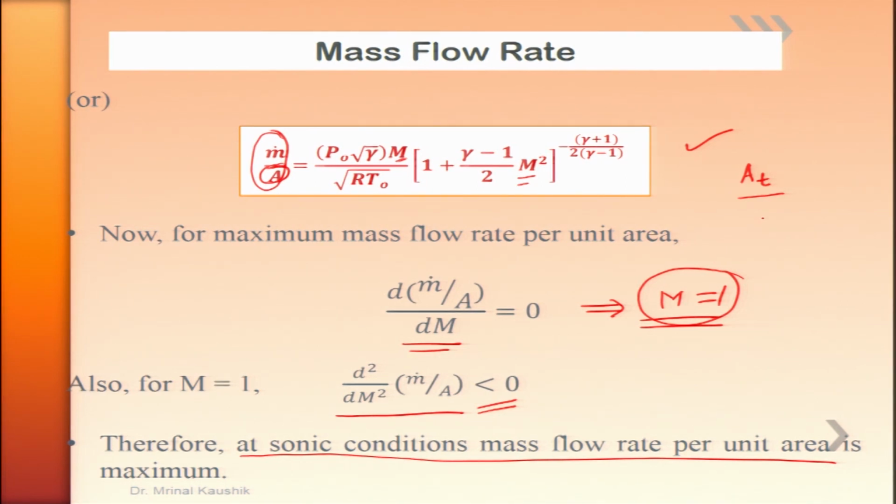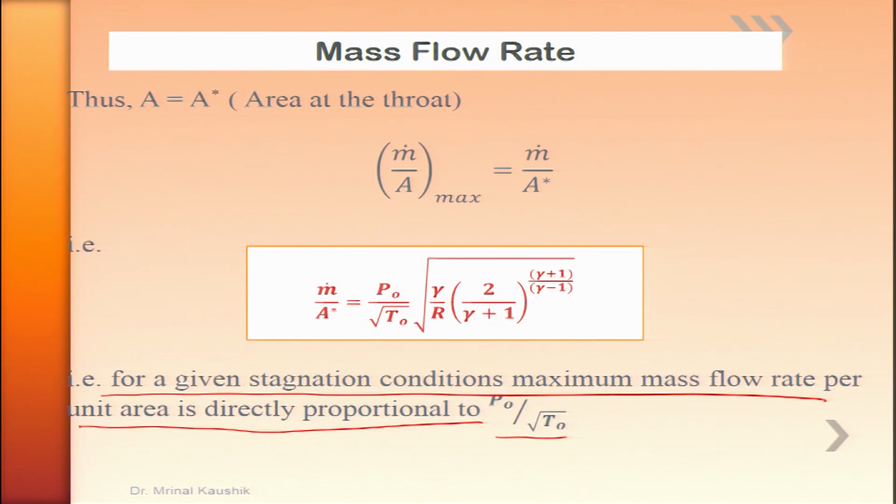But when the Mach number has become 1, then this is represented again as a critical state, and hence it is represented as A star. If we replace A with A star for m equal to 1, we obtain the maximum mass flow rate expression like this.